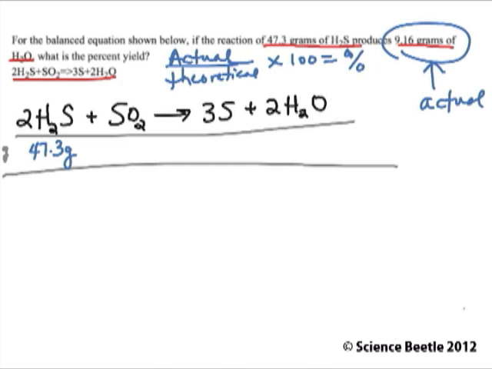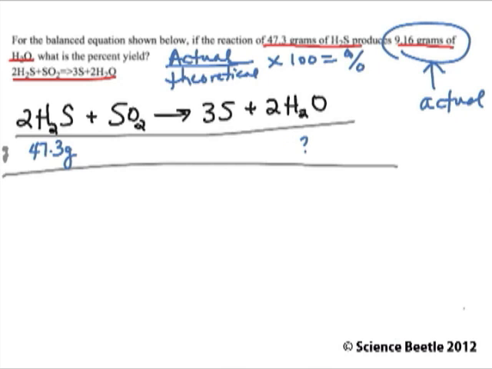So we don't have to go very far already. We already have part of our information here. So if I include this up here at the very end, I'll substitute 9.16 for the actual in our equation. But we still need to find our theoretical, or what we truly expect to get from the 47.3 grams of H2S. And since we're talking about the water, we need to come over here and find the grams of water.